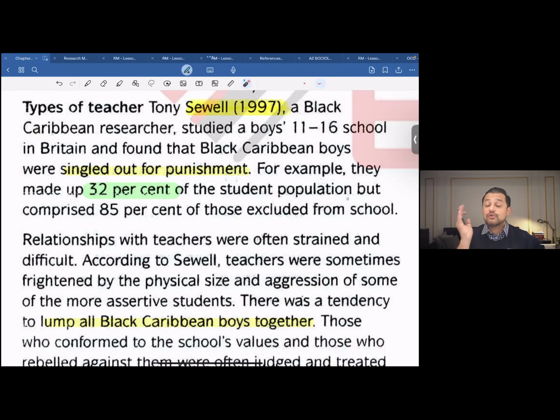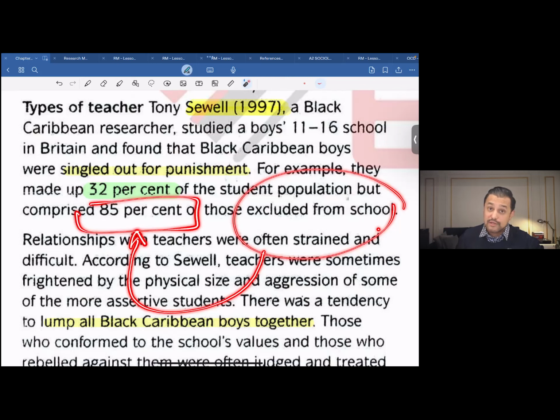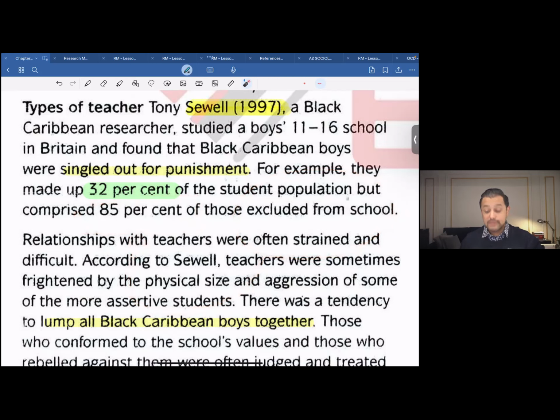However, according to Seville, even when these Black pupils made up 32% of the total student population, of the students who were excluded from school, 85% of them were Black. Don't you think this turns out to be pretty disproportionate? Of course it does. So according to Seville, teachers tended to single out Black pupils for punishment.